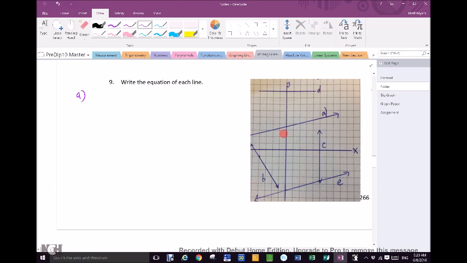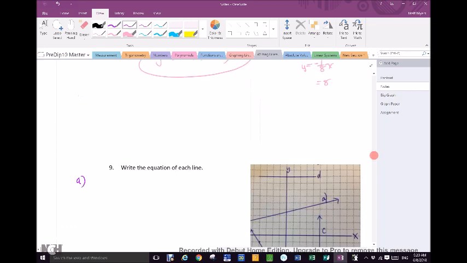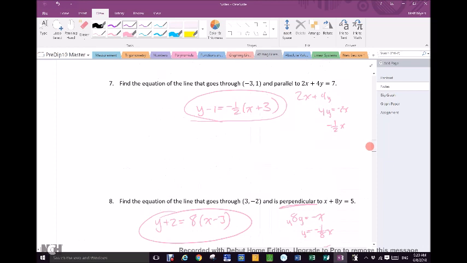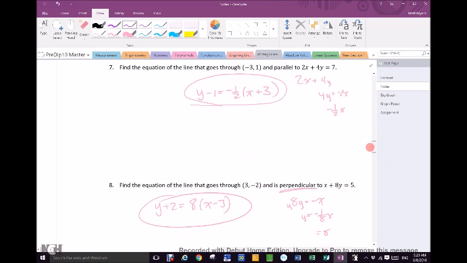what form am I going to use for line A? Will I use point slope form, general form, or slope-intercept form for line A, which is right here? Slope-intercept, you can tell me exactly what that intercept is? What was the answer to number 7? Sorry, I missed it. Y minus 1 equals negative 1/2 x plus 3.